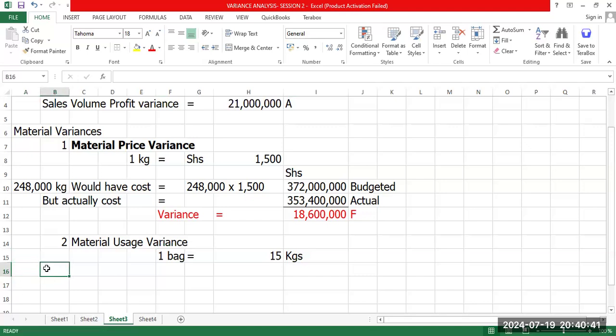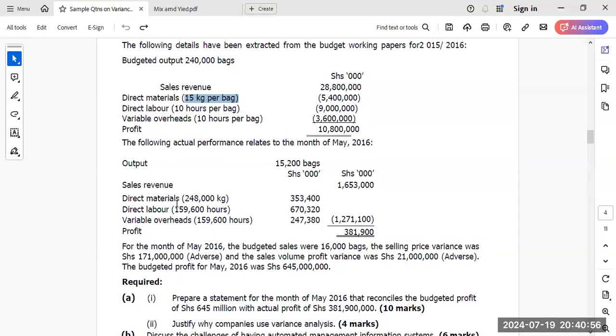Now, once you state this, go ahead and ask yourself, what is your actual number of bags produced? Where are you going to get the actual? It is from the actual information. Actual output is this one.